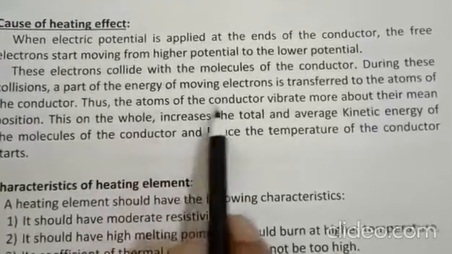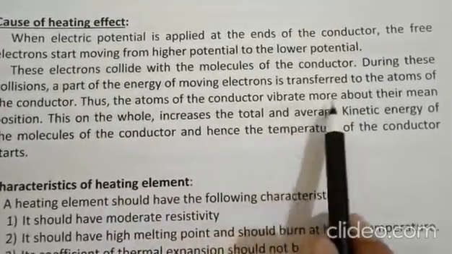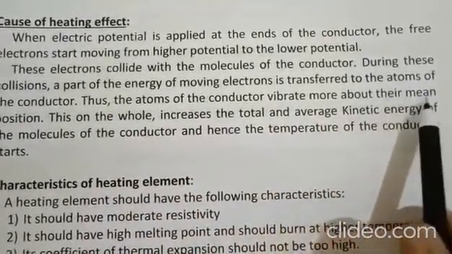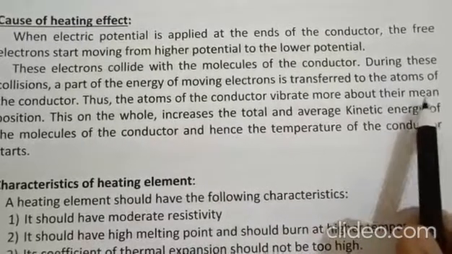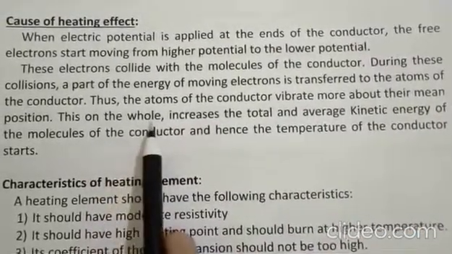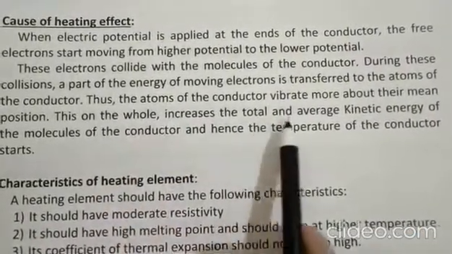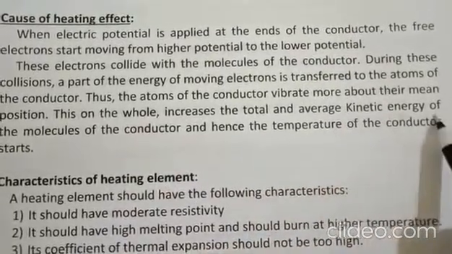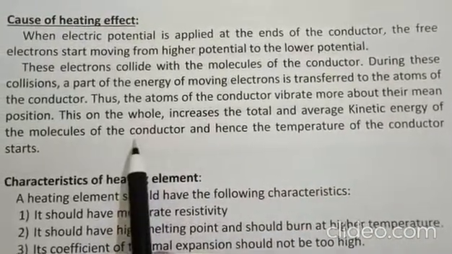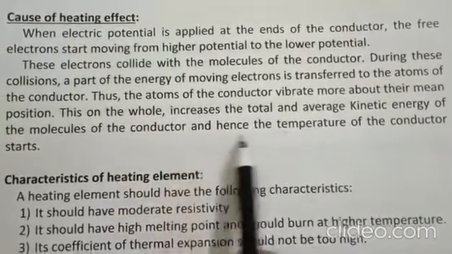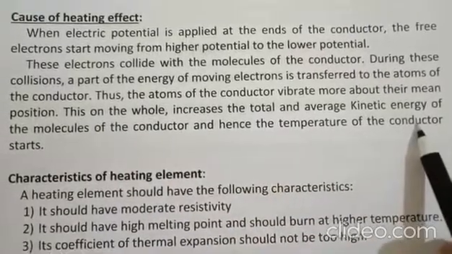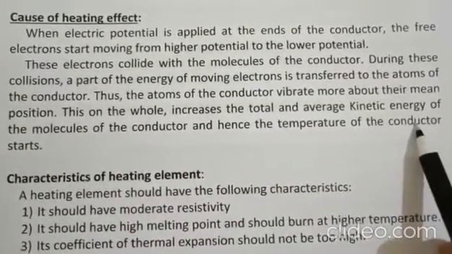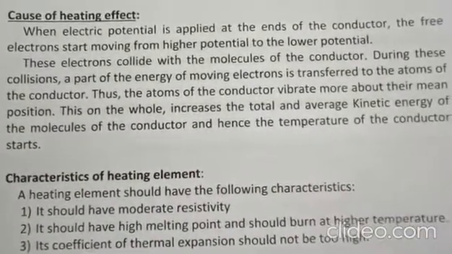Thus, the atoms of the conductor vibrate more about their mean position. This, on the whole, increases the total average kinetic energy of the molecules of the conductor, and hence the temperature of the conductor starts, or you can say rises.